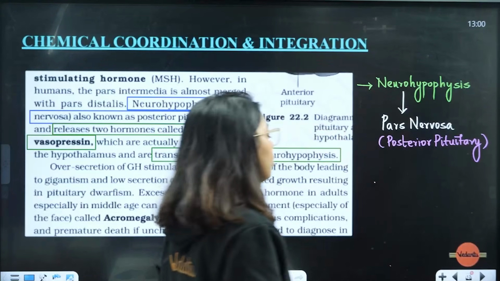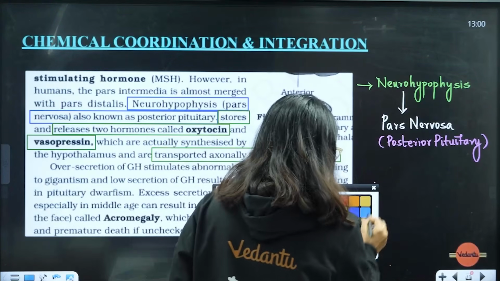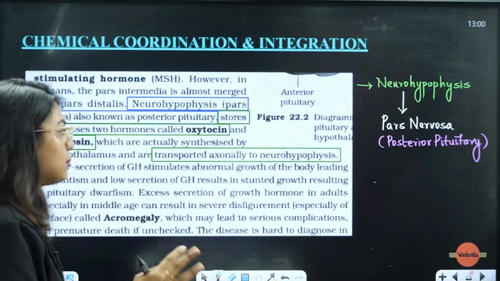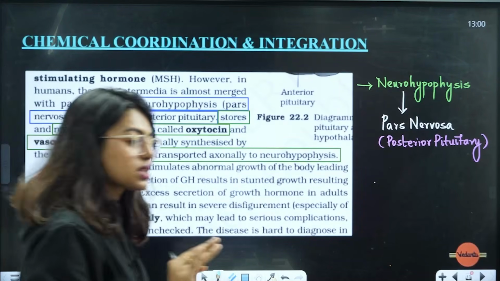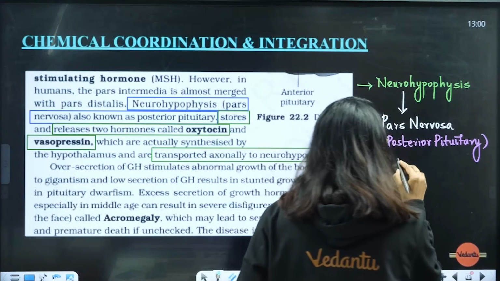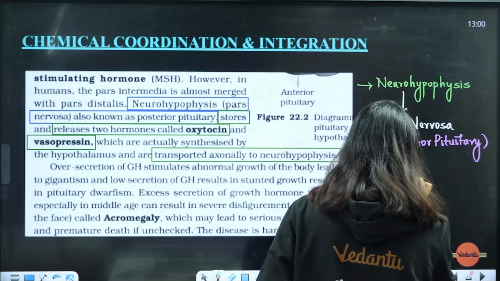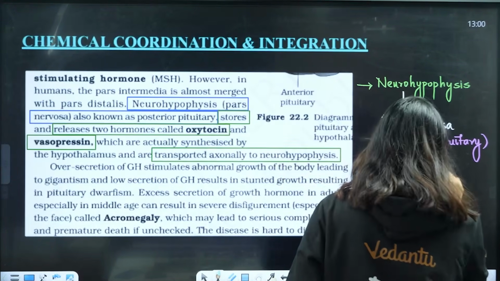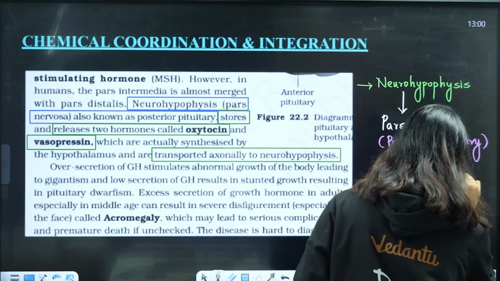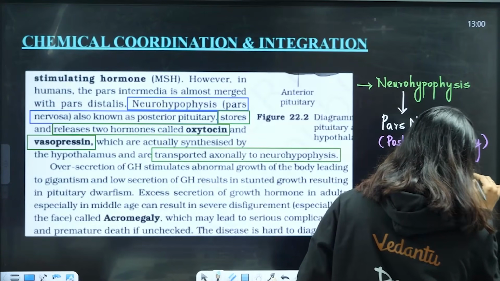Posterior pituitary, okay? In the posterior pituitary level, what is happening, students? Hypothalamus would have already synthesized this vasopressin and oxytocin, but it will give it to this structure for storage. It will tell you store and you release, okay? See here, stores and releases, important, stores and releases.